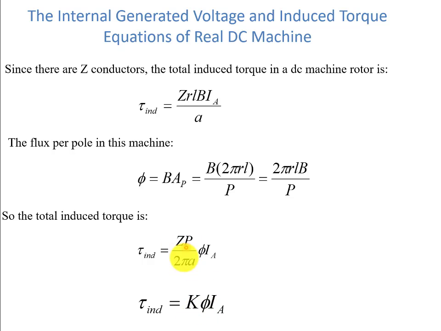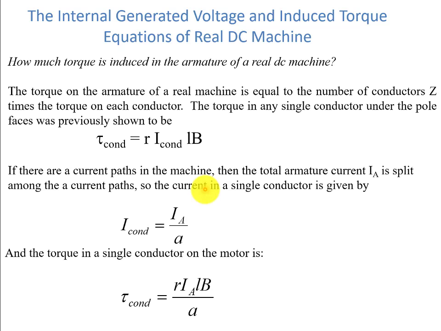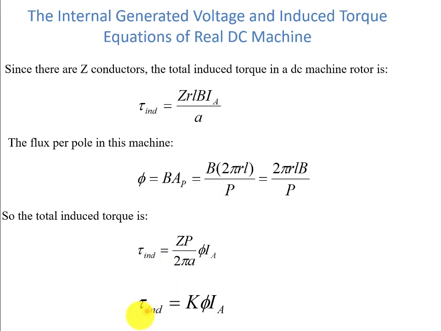Now K is again the same machine constant ZP over 2 pi A that was visible in the internally generated voltage. So here we have the induced torque K phi IA.